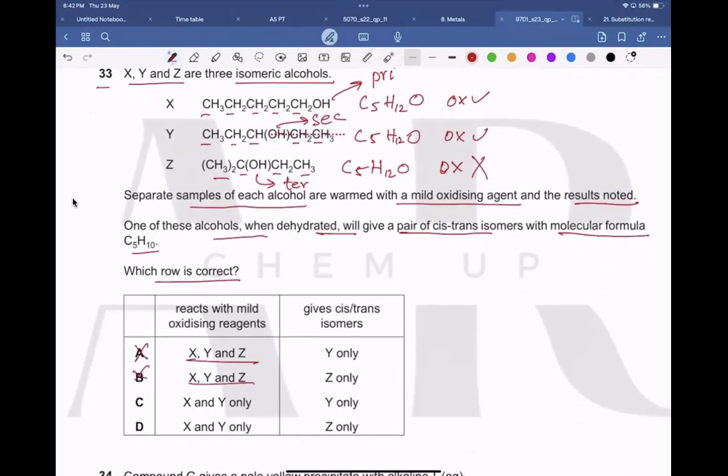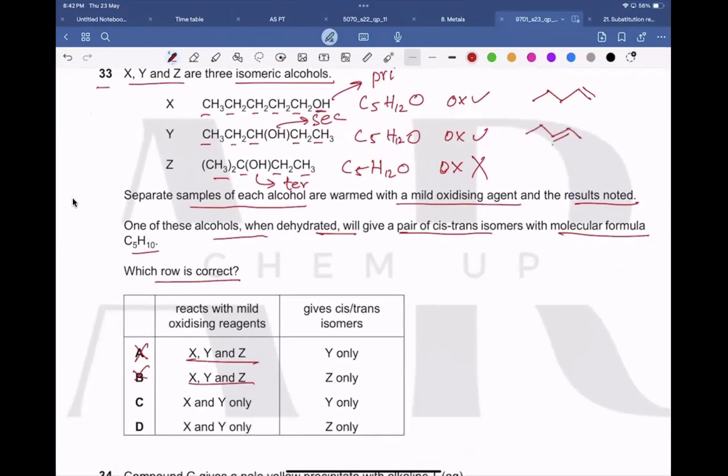Now, who is going to give cis and trans? If you see here, the OH is on the terminal carbon. So if we get the alkene, 1, 2, 3, 4, 5, the double bond is over here, so we are not going to get the cis-trans isomer because it's on the terminal carbon. And if you look at the other one, 1, 2, 3, 4, 5, the OH is on the third carbon, right?